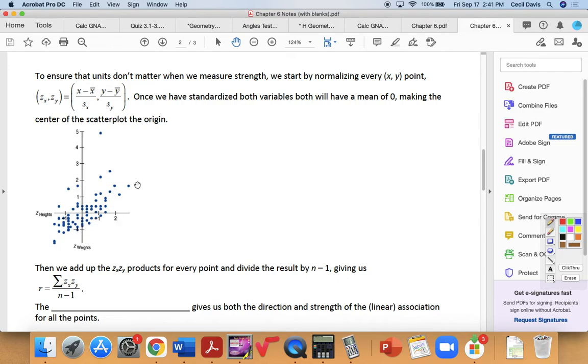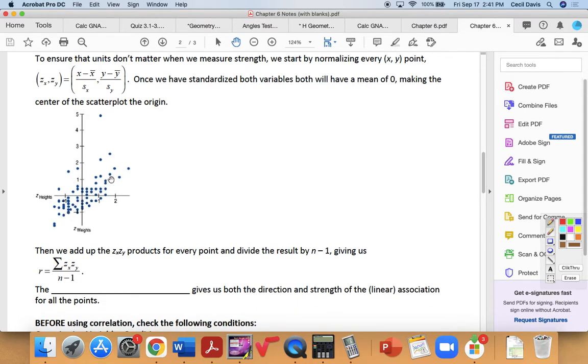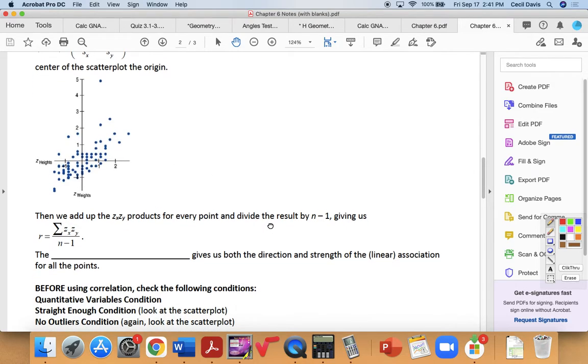When we multiply those together, we're also going to get better numbers when the z-scores are kind of close to one another. If you're one standard deviation off, it's nice if the other one is also one standard deviation off. Okay? And again, we divide by n minus 1 for much the same reason we did that when we were doing standard deviation.